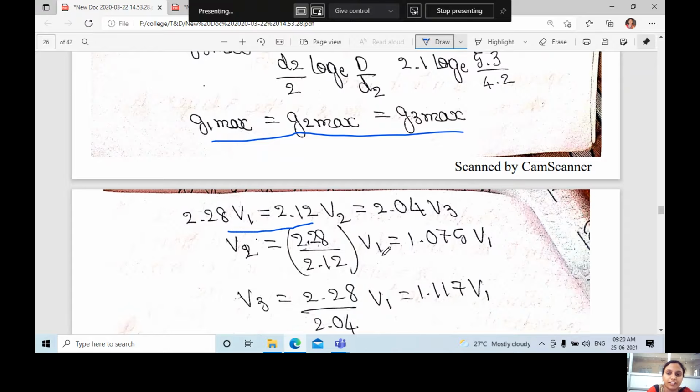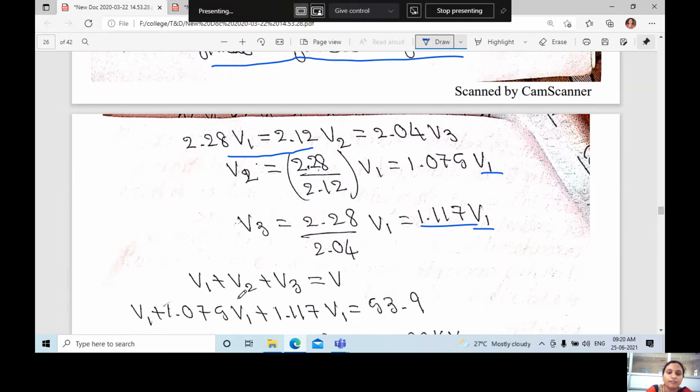First we shall find everything in terms of V1. So V2 is equal to 2.28 divided by 2.12 into V1, equal to 1.075 V1. V3 is equal to 2.28 divided by 2.04 into V1, which gives 1.17 V1.